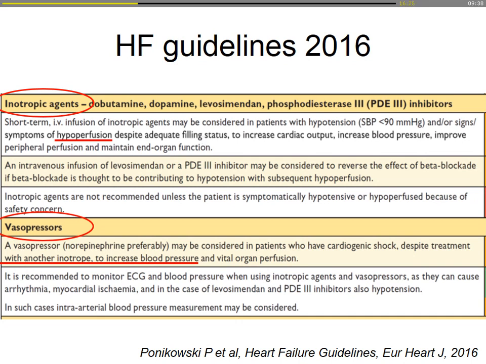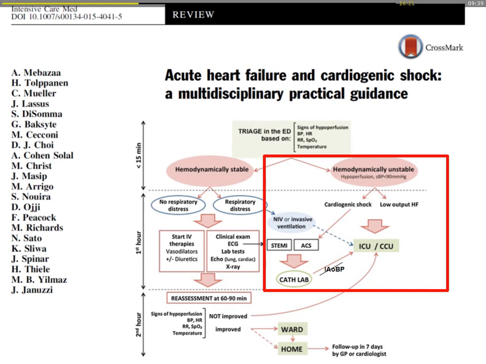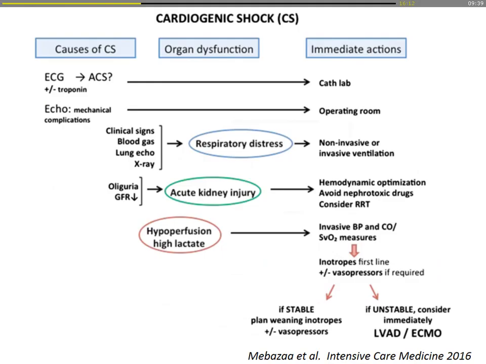Those inotropes are there to increase cardiac output. In this category of patients with hemodynamic instability, we measure cardiac output, it's low, then we can give inotropes.